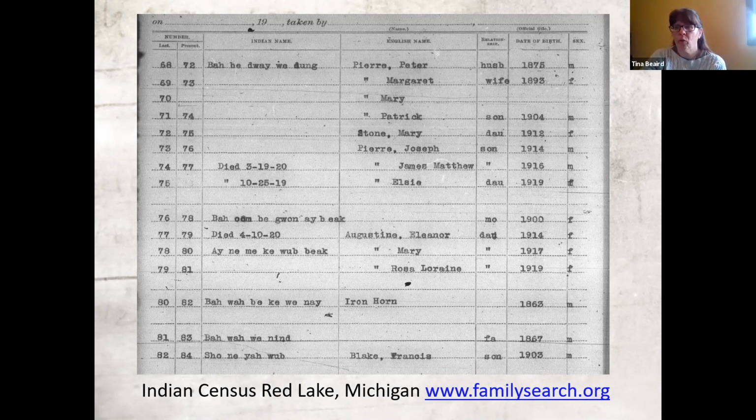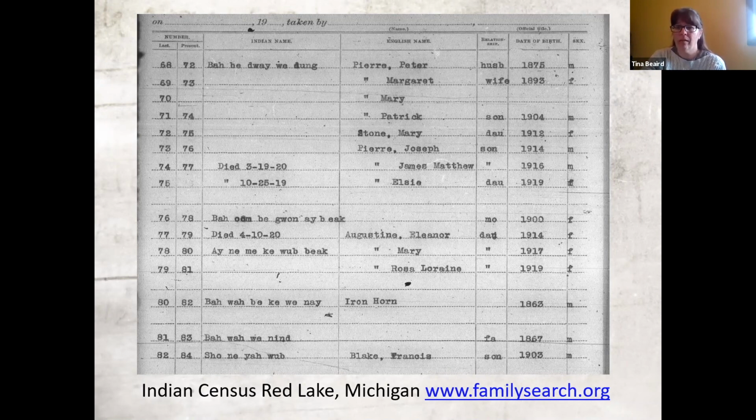So if you only know the Native American name, but you don't know necessarily the English name, then try it a number of ways. Try it all together as a surname, split it up with first and last name. Sometimes it's better to just search by location and first name.